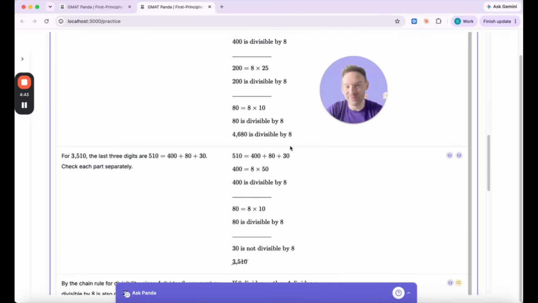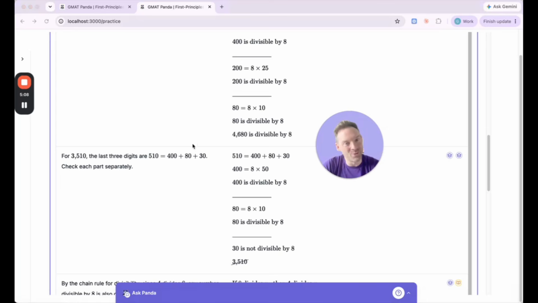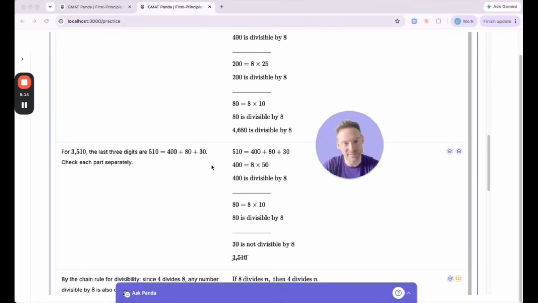Okay, so now let's look at 3,510. Again, we just take the last 3 digits because that's the rule of 8. 510, we can then split between 400, 80, and 30. So notice that here I'm splitting it into 3 numbers, right? And that's also allowed. As long as all of them are divisible by 8, we can then show that the number is divisible by 8.